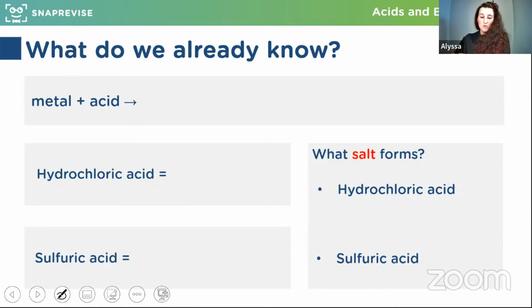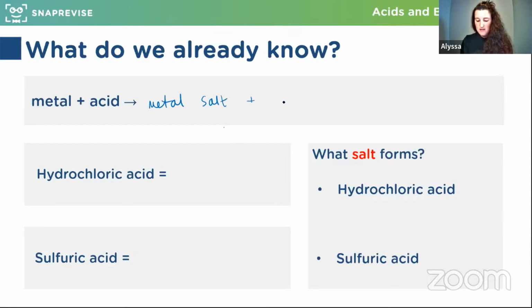So metal plus acid makes a metal salt and hydrogen. Metal, salt, and hydrogen. So hydrogen gas is given off. Usually you'll see it bubbling. You'll see the gas being given off as effervescence or bubbling, fizzing, etc. And you also form a metal salt.